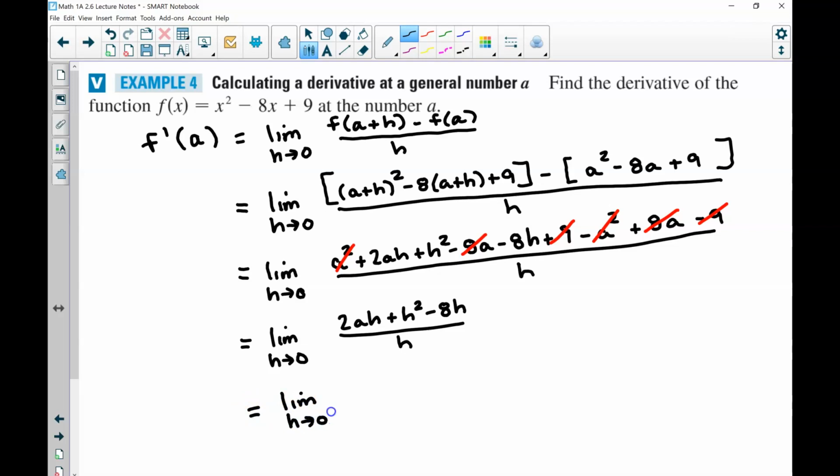And then can we simplify the h by factoring out something from the numerator? Well, we can factor out the h. And what's left is 2a plus h minus 8, divided by h. So now we can simplify the h.